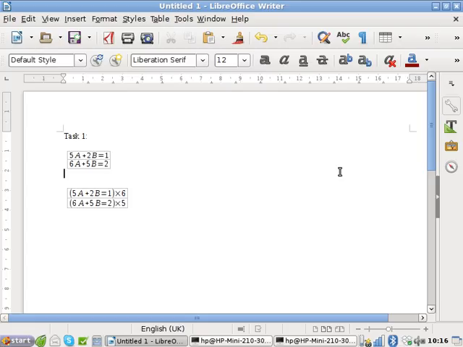Word is actually a little bit easier because there is insert and then there's like insert math formula, I think, or math expression. It's on the top in the bar, isn't it? But just like with LibreOffice, you have all the buttons for the different forms you want.